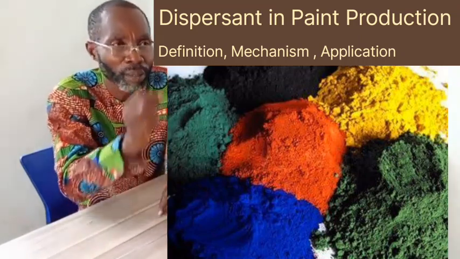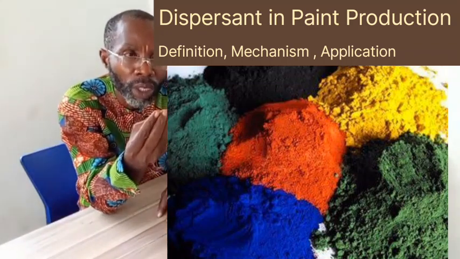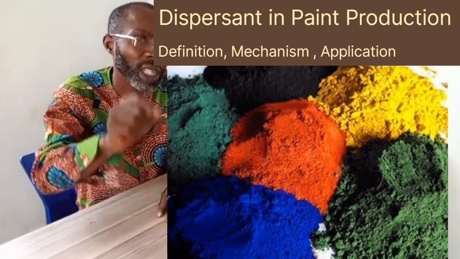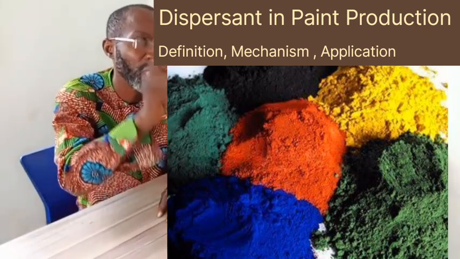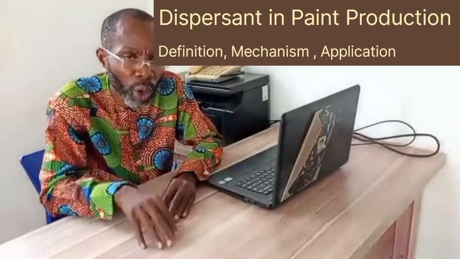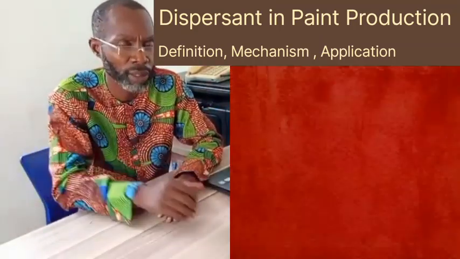What is the challenge? That pigment is in powder form. When you use that paint to produce any color of your choice and you apply it on the surface, the color is not going to be evenly distributed.